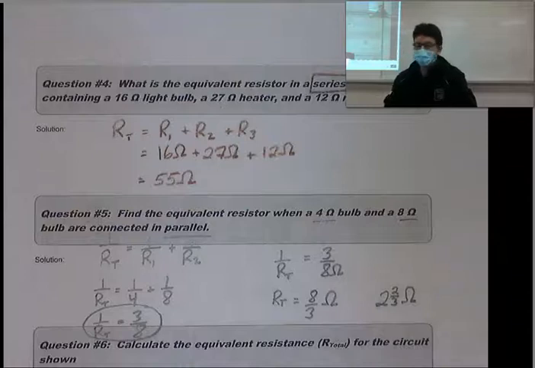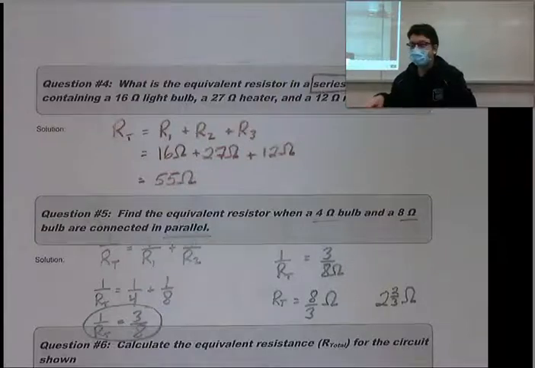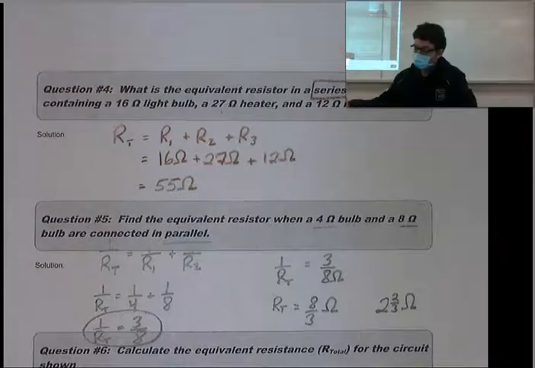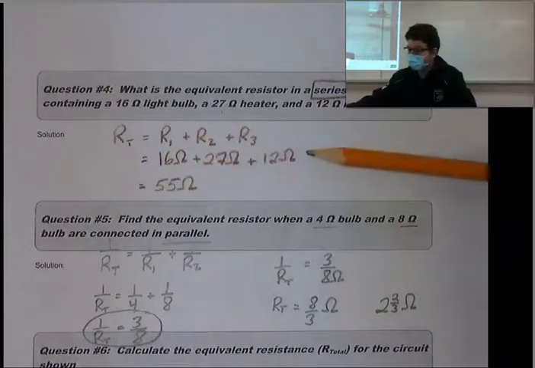Now for this unit, I'd prefer you keep everything in fractions because it'll help be more exact with all of your laws when solving circuits. So try not to use decimals. If you need to use your calculator, that's fine. But what I want you to notice is there are two differences. First, look at our series circuit.